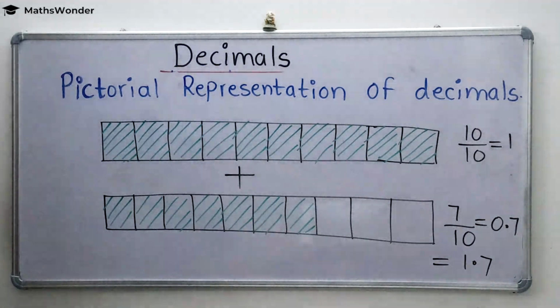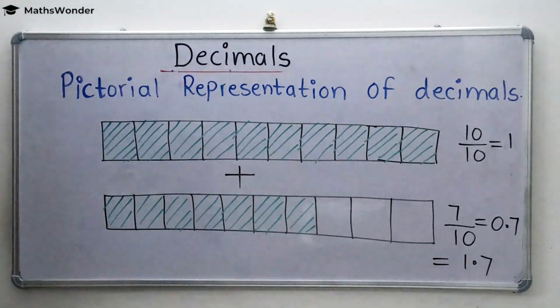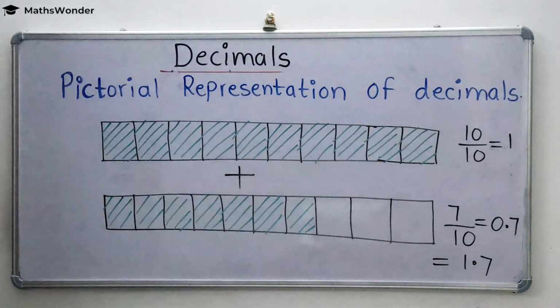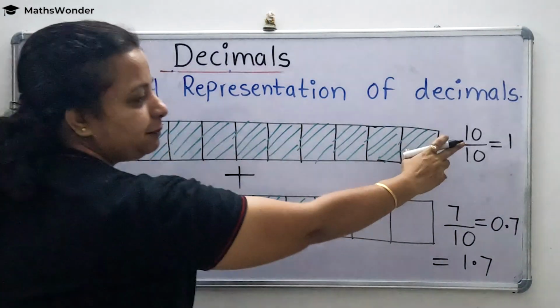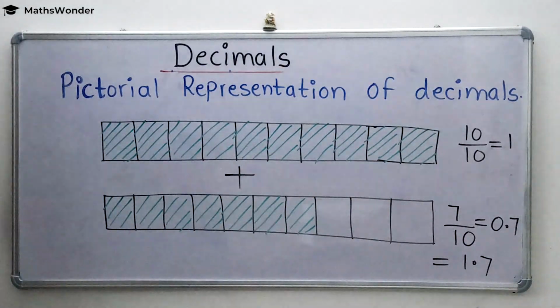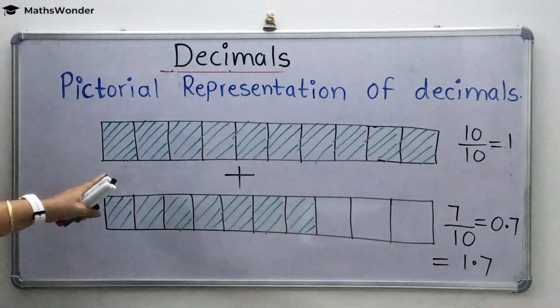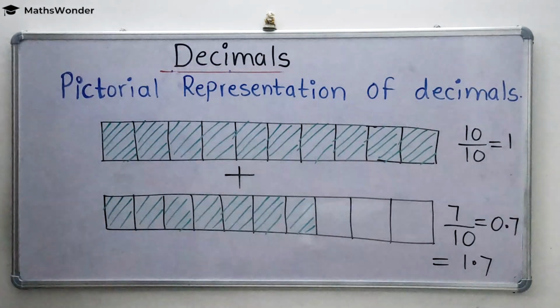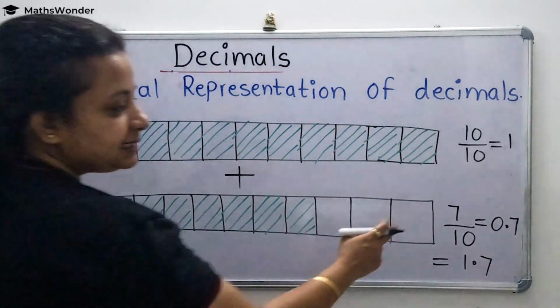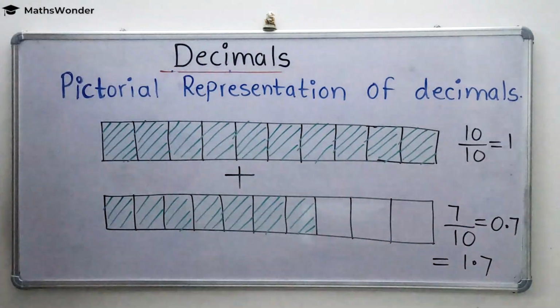Because the entirely shaded rectangle represents one complete part, right? Complete part means it becomes 1. So the second rectangle with the 7 shaded boxes represents 7/10, which means 0.7.